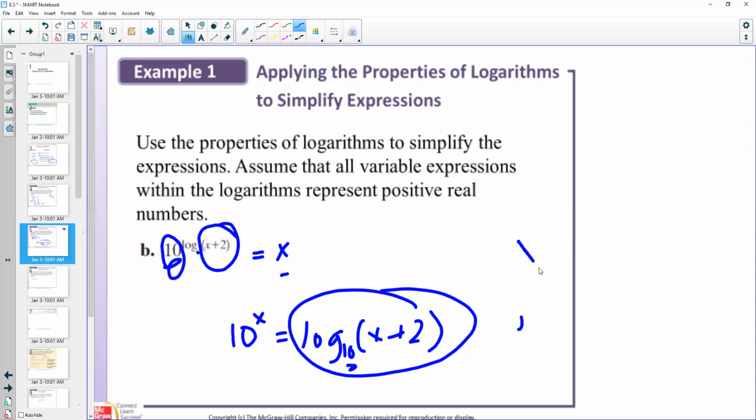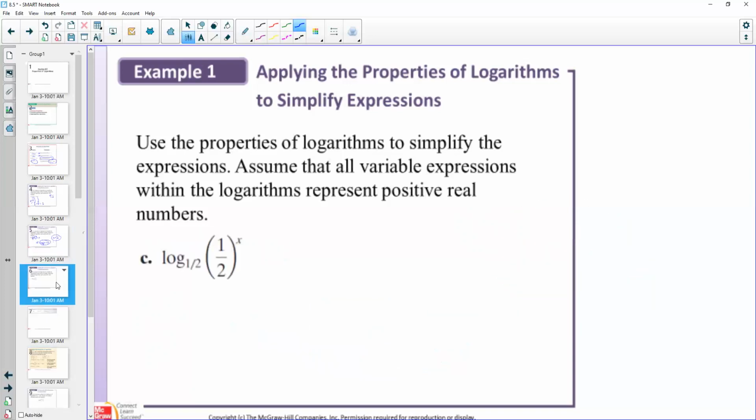In this case, when all is said and done, this is going to simplify down to x plus 2. That's it. All right, let's try another.